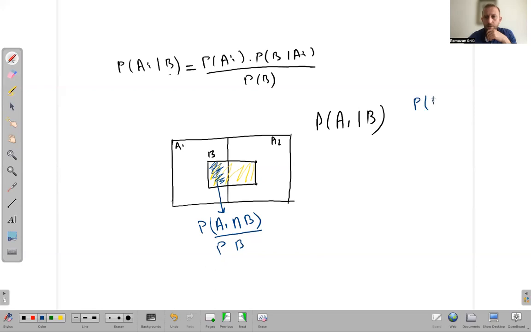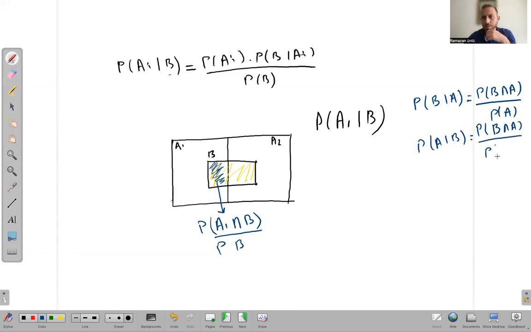If B given A is the probability of B intersect A divided by P(A). Also, if I write A given B, it is the probability of B intersect A, which is the same as A intersect B, divided by P(B). Keep these formulations, because we are going to use them.